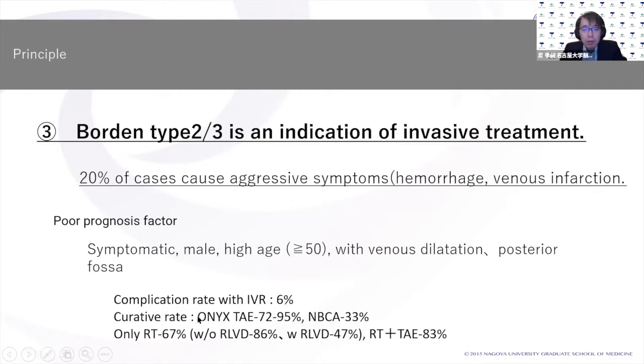And the curative rate is 72 to 95% with Onyx TAE, and 33% with NBCA TAE. Only radiation therapy is about 2/3. Radiotherapy with TAE is up to 83%. So IVR is the first choice in general.